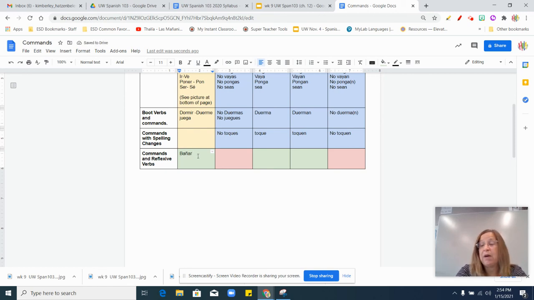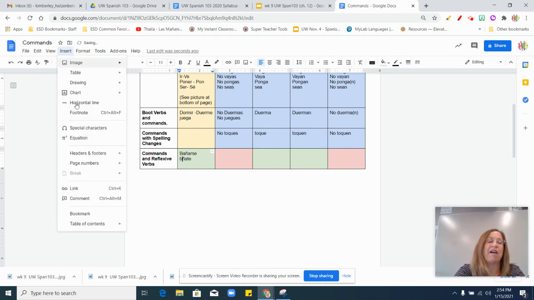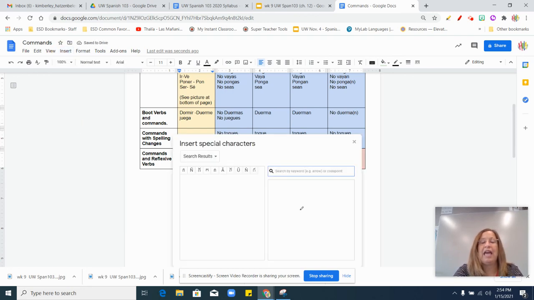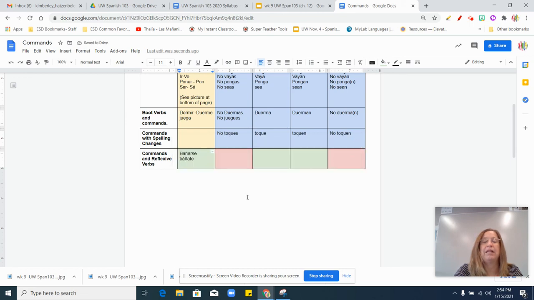So bathe, bañar, becomes baña, right? But we have to have the se. We want to say bathe yourself, baña. So the se changes to a te because it's the tú command. It becomes bañate, bañate. And now, because we added the te on the end, we have to add an accent to that first A to keep the stress there. So it becomes bañate, bañate.